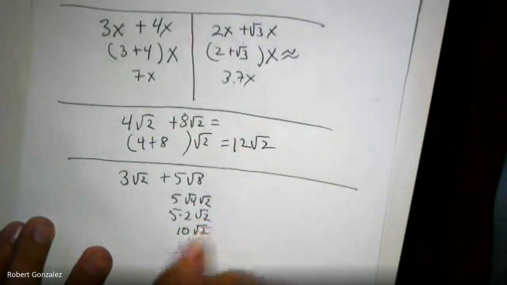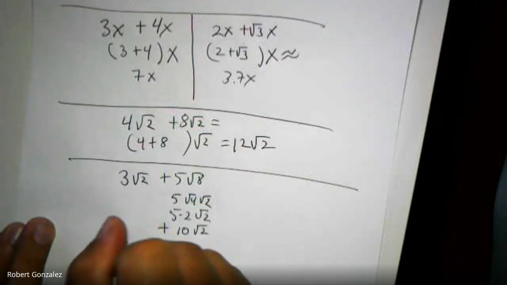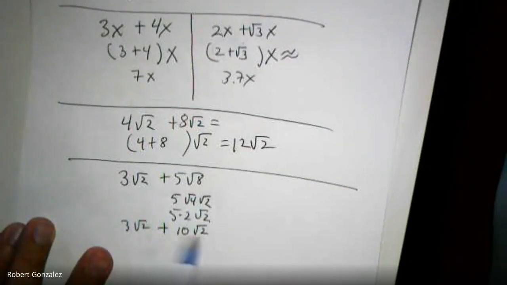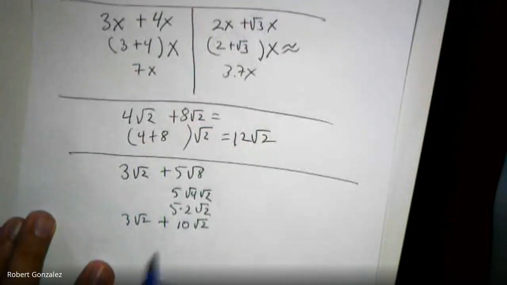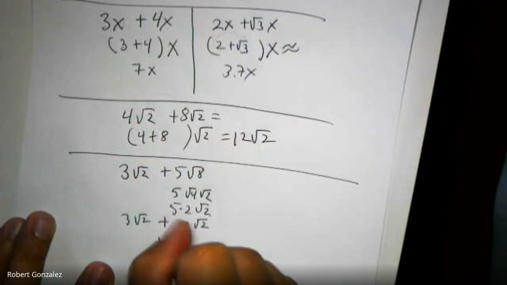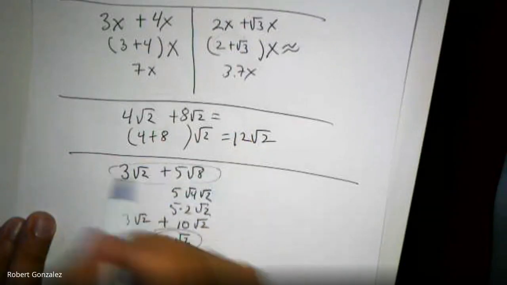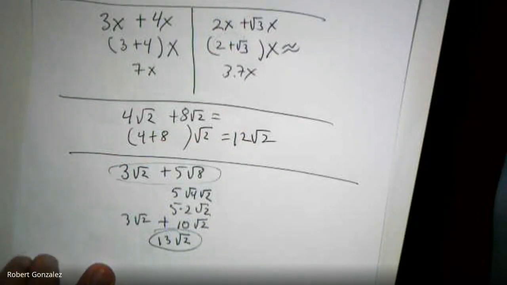I can multiply numbers that are outside together or numbers that are inside together. Oh, take a look. Now they're both the same type of term. I can combine the coefficients, and I get 13 radical 2. This right here is 13 radical 2.